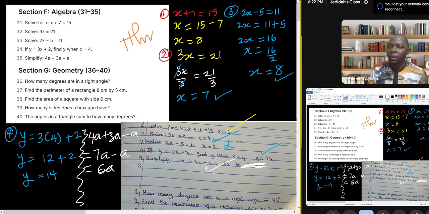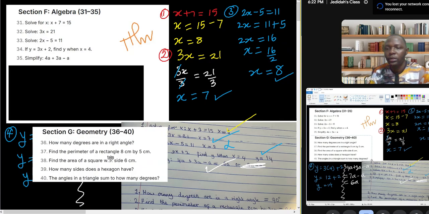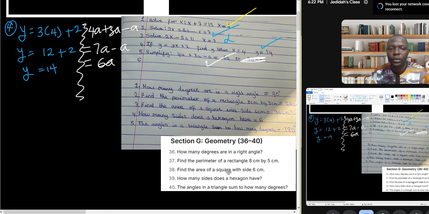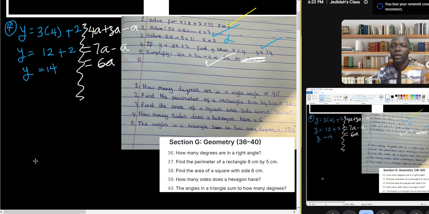Okay, the next one, we have to take this to the next page so we can have some space. Number 6 says, how many degrees are in a right angle? Of course, it's 90 degrees. Then find the perimeter of a rectangle 8 cm by 5 cm.